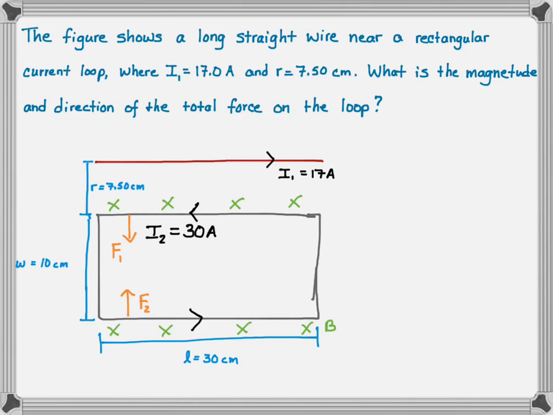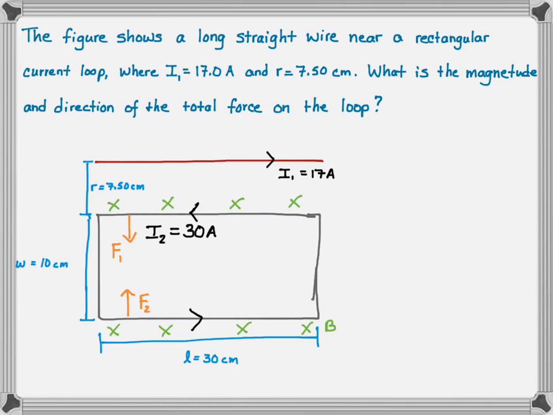F1 is the force that the straight wire has on the first part of this wire, which will be pointing down, again using right-hand rule. Fingers go in the direction of the current, they bend in the direction of the magnetic field, and your thumb points in the direction of the force. So it points down for the wire where the current is going to the left, and it points up for the current that's going to the right.